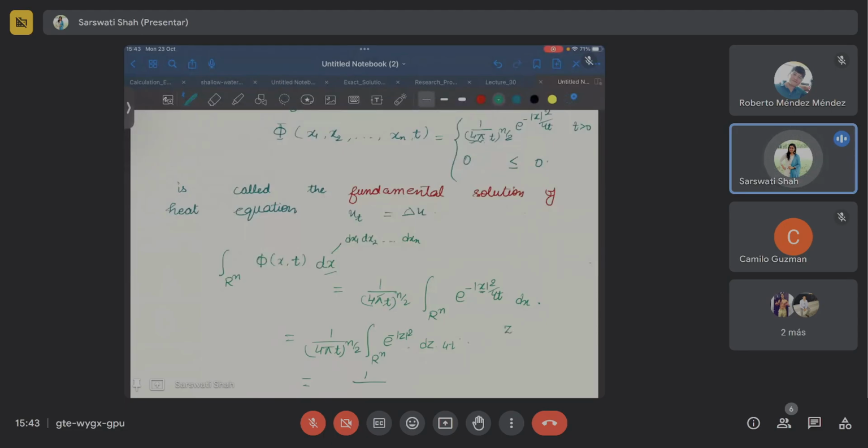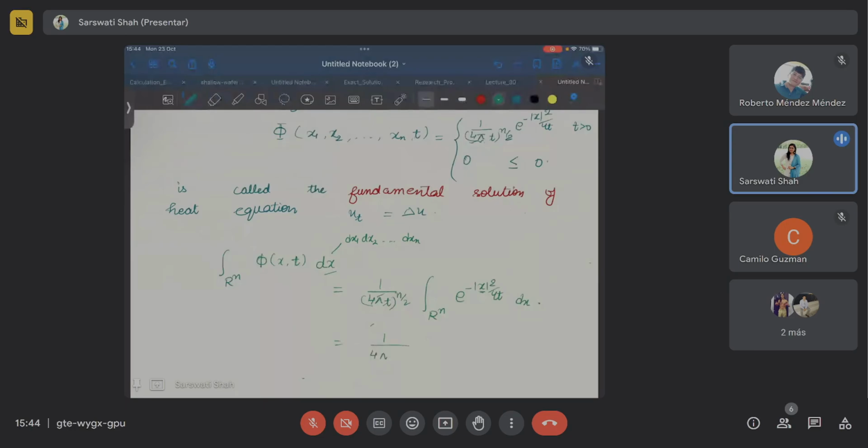What mistake did I make? When we take z equals modulus of x over 4t, we cannot take it directly. We have to take the sum, because this is the distance. So it will be z equals modulus of x, the square root of x1 squared plus x2 squared, so the square root will be cancelled by the square. It is going to be very difficult. Just do it in one dimension, and then you can see it in n dimensions.